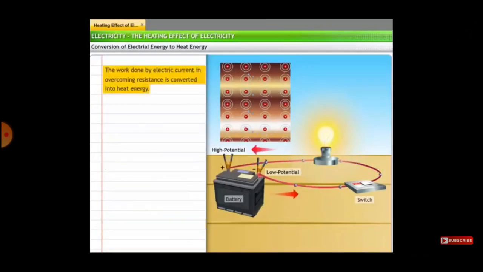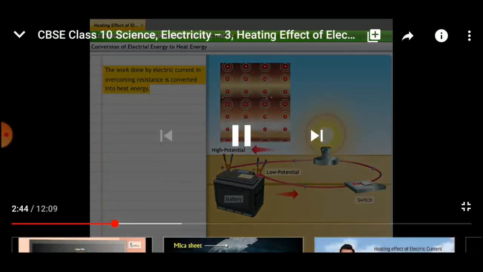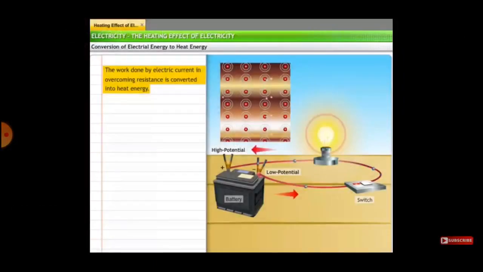So the electric current has to do some work against the resistance, and that electrical energy is converted into heat energy. Here we should consider the heating element. A heating element is nothing but the conductor preferred for producing heat in appliances. That conductor should have a high resistance.